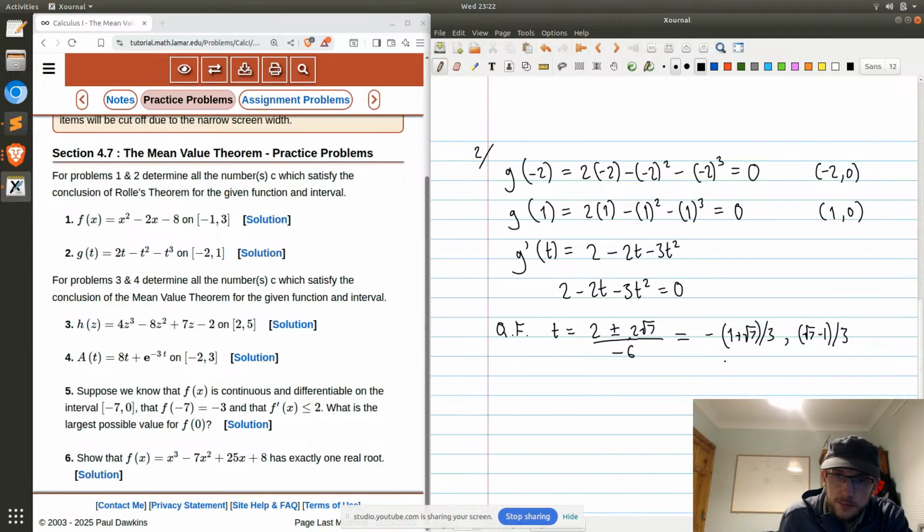And are any of these in the interval? Root 7. How big is root 7? 2.6-ish. So that's 1.6 over 3. So the second one is, both of them are. Both of them.